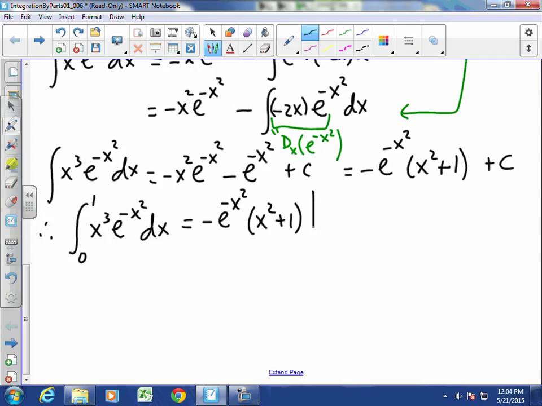At this point, I'm going to drop the constant because it's a definite integral from 0 to 1.